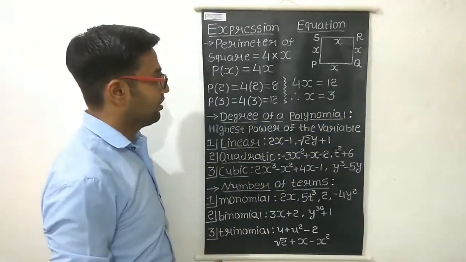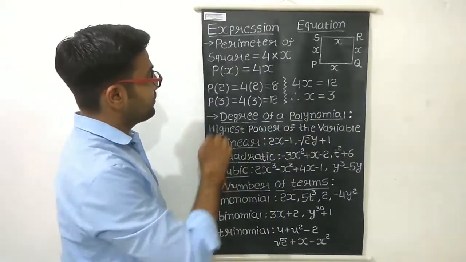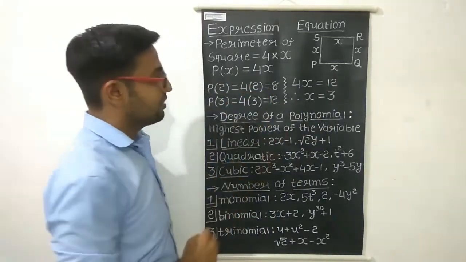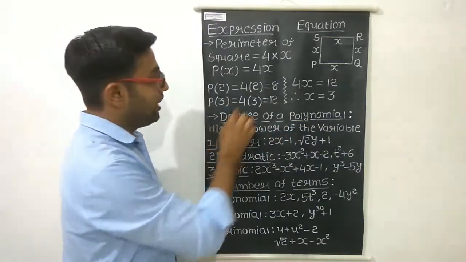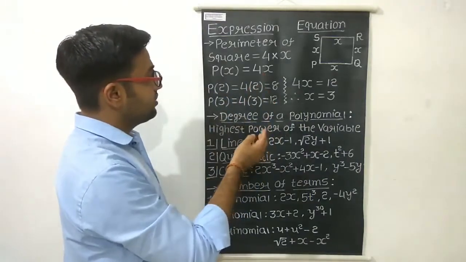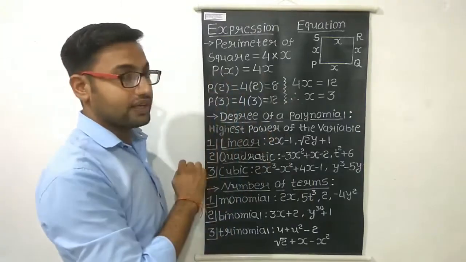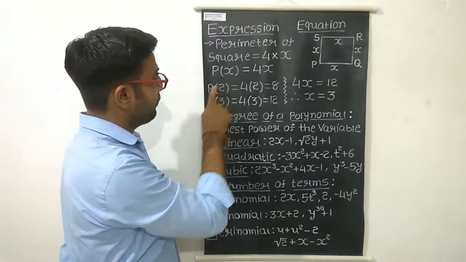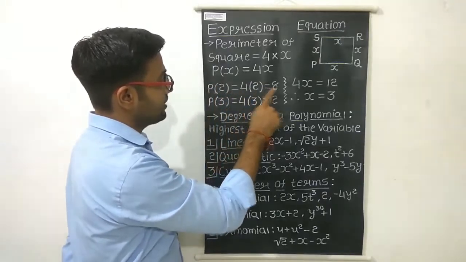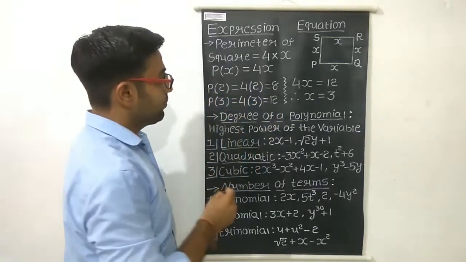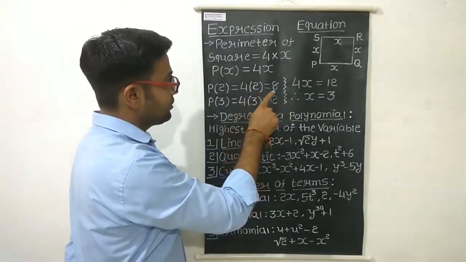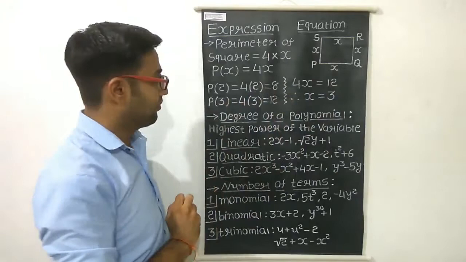This is fixed. So what is the expression? Expression is a polynomial. P of x is equal to 4x. Then what is the difference? See, if we change the value of x, we get a different value of p of x. If we take x equals 2, what will we get? P of 2 is equal to 4 into 2, that is equal to 8. So if this square is of side 2 units, then its perimeter is 8 units.